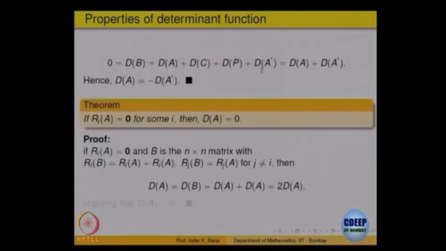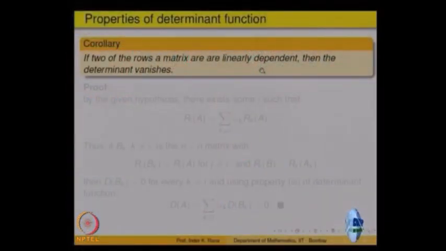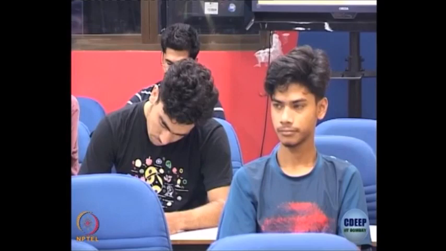Okay. So, is it clear? Proof? Okay. Let us look at 2, which says another property, that if the rows of a matrix are linearly dependent, the matrix is written as row vectors R1, R2, up to Rn, and the ith row is a linear combination of the remaining ones, then what will happen?